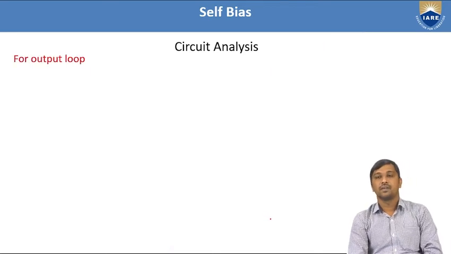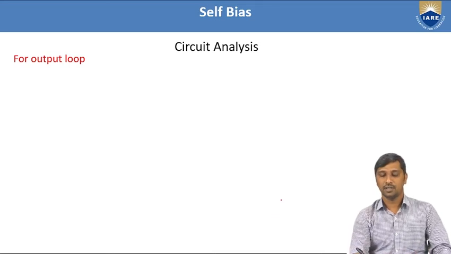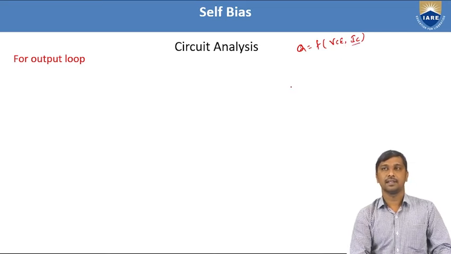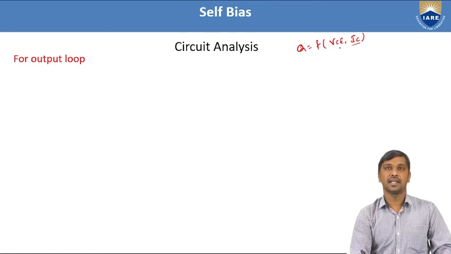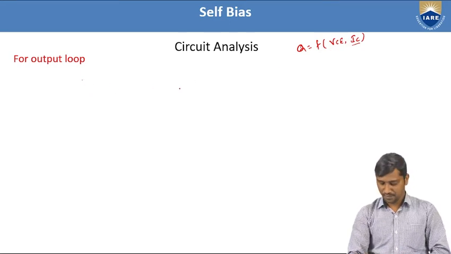Now, if you want to define an operating point, the Q point is defined with respect to the output voltage, that is VCE, and the output current, that is IC. We just got this collector current. Now we are going to calculate the VCE parameter at the output side. Hence, I'm going to apply the KVL principle at the output side.